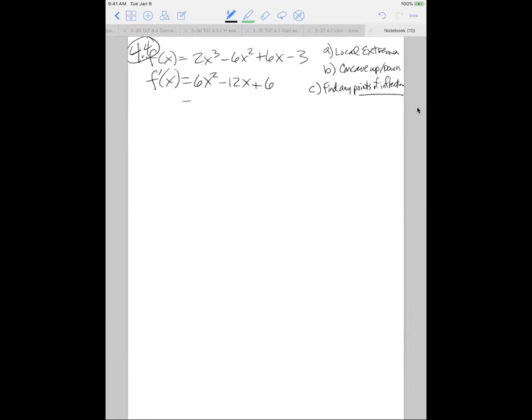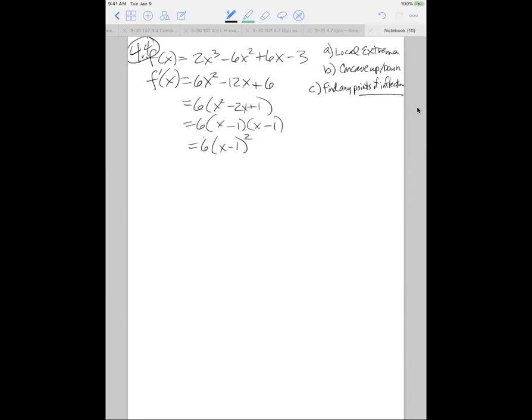I see 6 is common, and this factors down to x minus 1 and x minus 1, so it turns out to be a perfect square. So there's only one place where the first derivative is equal to 0, the critical one.